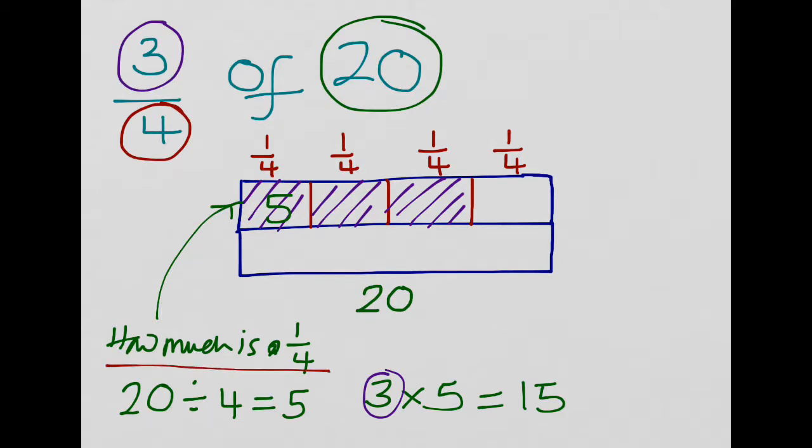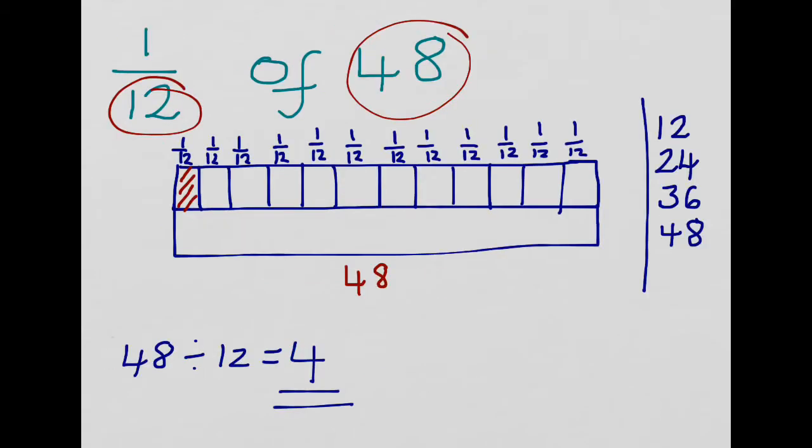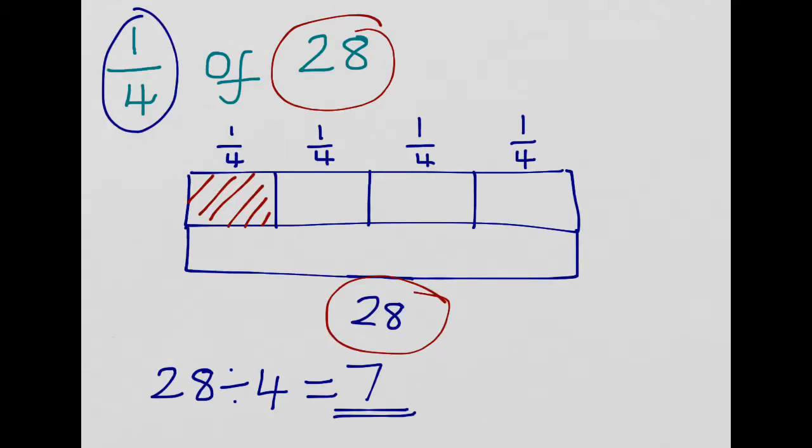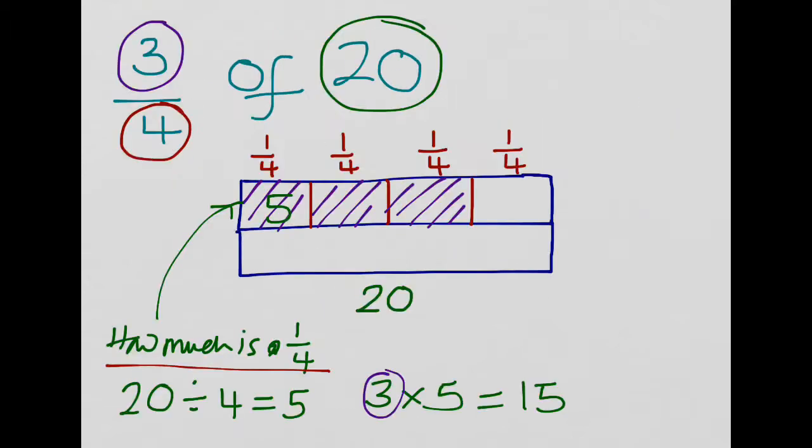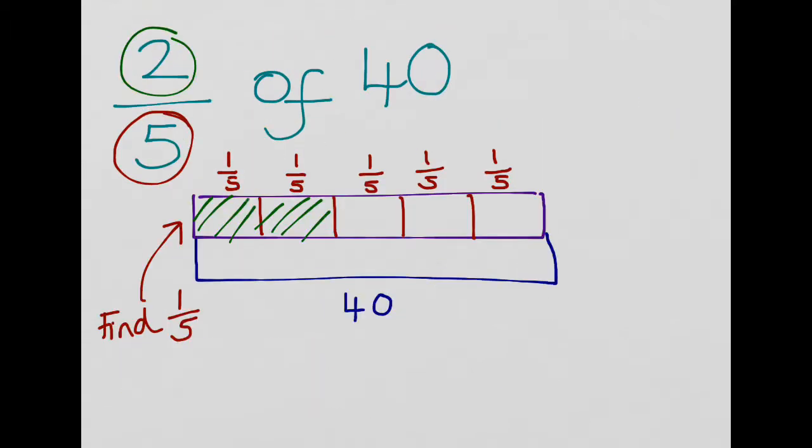We found 1/4 to start with. Going back here, we found 1/12. Going back here, we find 1/4. We always find what's called the unit fraction first. So here we're going to find 1/5 to start with, and to do that, if you remember, it was 40 divided by 5, and that equals 8. Now if you got that right, brilliant, that's fantastic. Now press pause. What's the second part that you do?